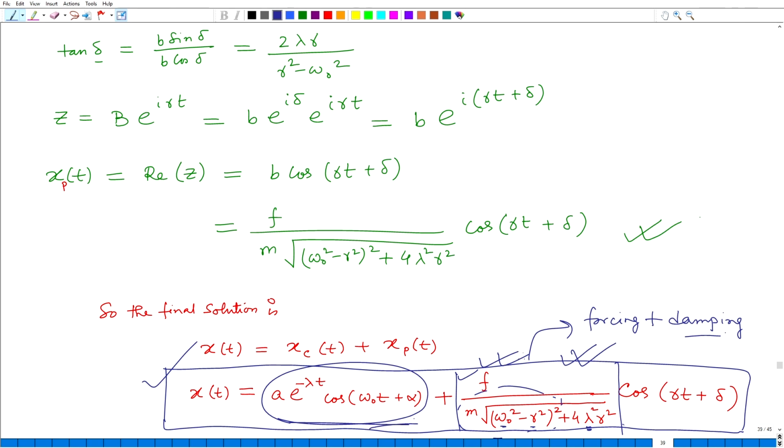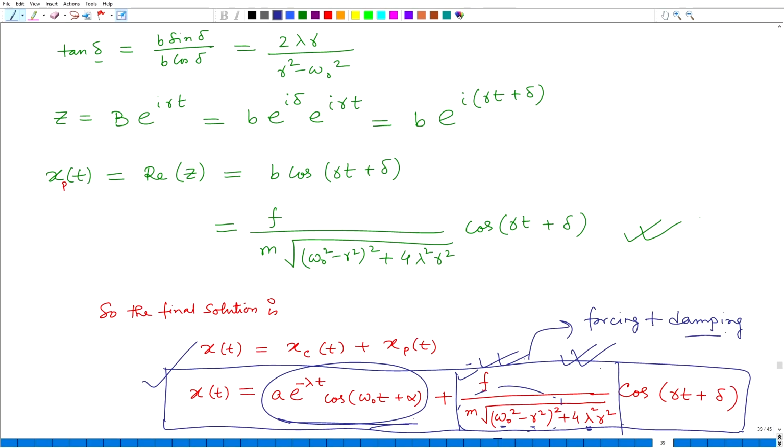This is the competitive part where both forcing and dissipation are in action, and even for omega 0 equal to gamma, you do not have an unphysical amplitude, or an amplitude which is linearly increasing with t, you just have a constant amplitude over here.